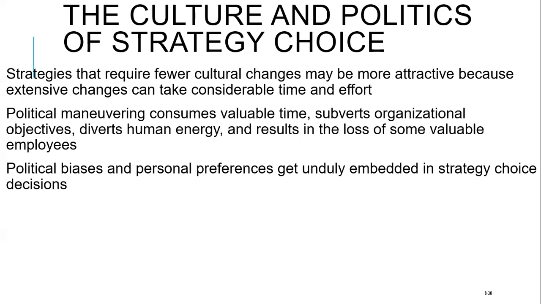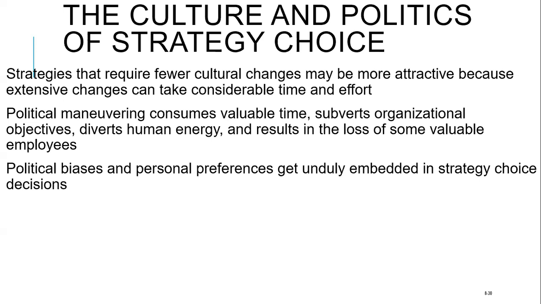Then when we also say that political biases and personal preferences get unduly embedded in strategic choice decisions, what that means is that we are interested in a situation where the quality of decision on a given strategic choice can stand the test of time, devoid of personal biases, whims and caprices, and individual opinions.